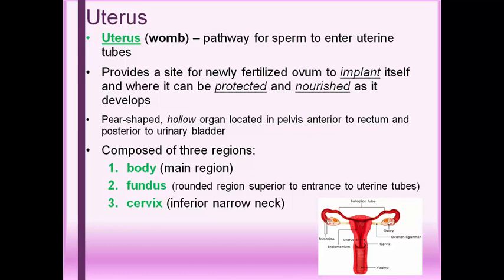It is a pear-shaped, hollow organ in the pelvis, anterior to the rectum and posterior to the urinary bladder. We know that it has 3 regions. The dome-shaped structure, of course, is the fundus, where the uterine tubes come into the uterus. The body is the main region, and then the inferior neck of it is known as the cervix.